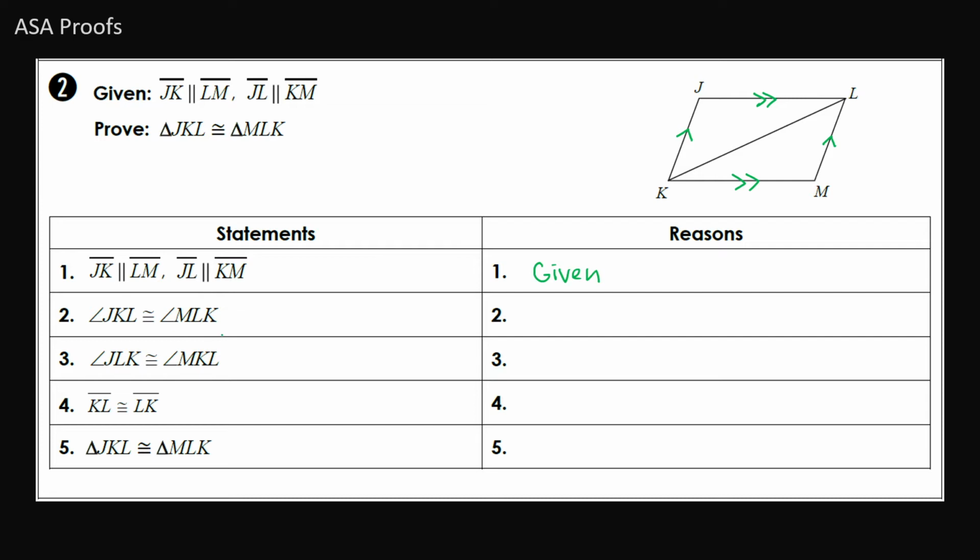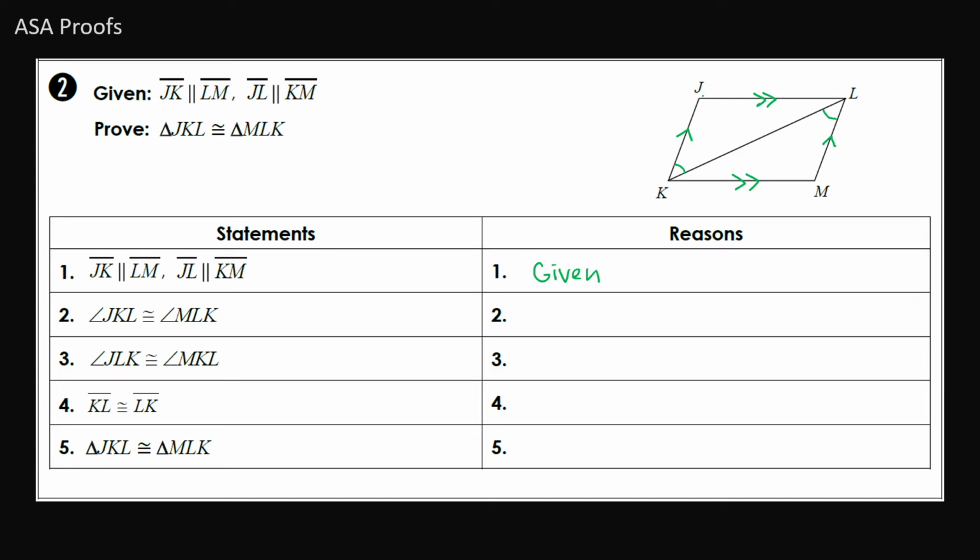If we think back to one of our previous topics, when we talk about what pairs of parallel lines cut by a transversal mean for angles and their measures, we can see the relationships with these parallel lines. So we're trying to say that angle JKL is congruent to angle MLK.